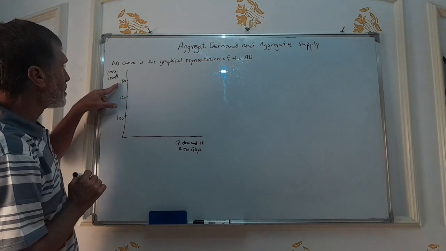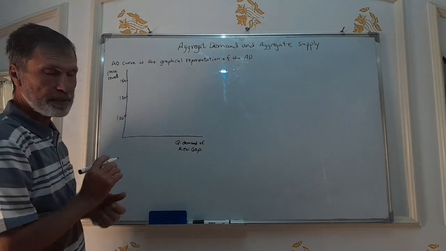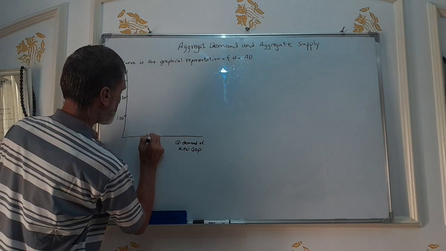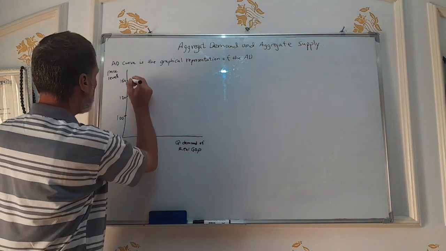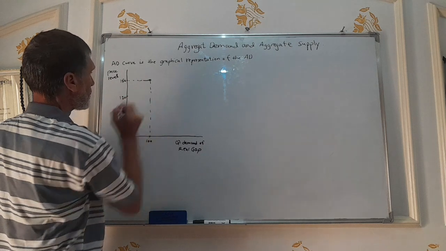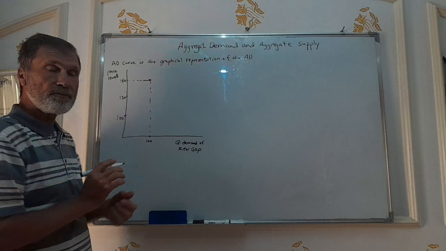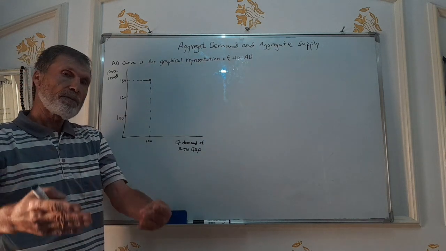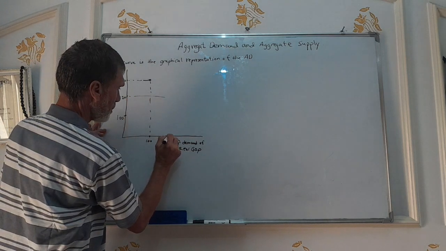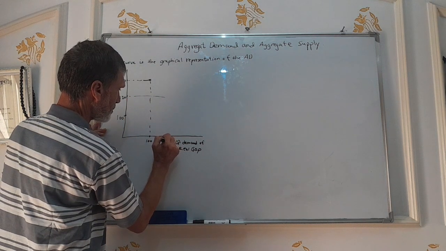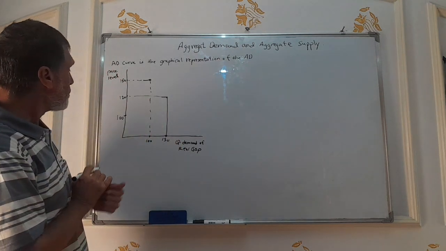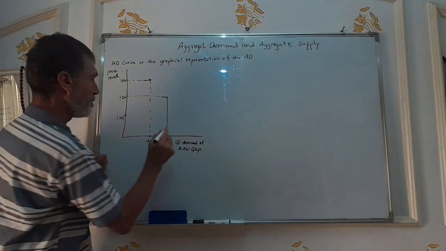When the price was 150, the quantity demanded of real GDP was 100. When the price level went down to 120, of course, the quantity demanded of real GDP increased to 130. That's 130 here. And then when the price level went down to 100, we come up with 150. 150 is over here.